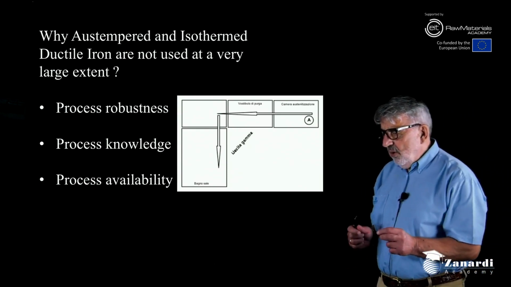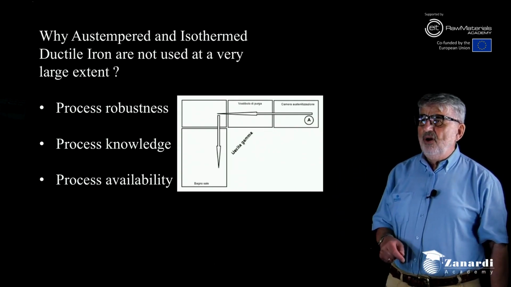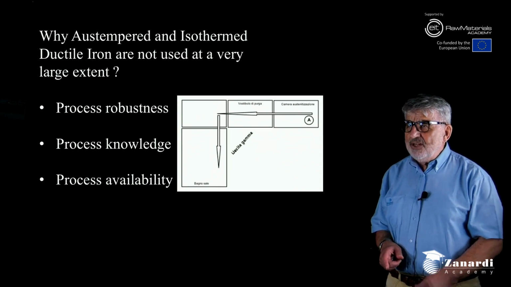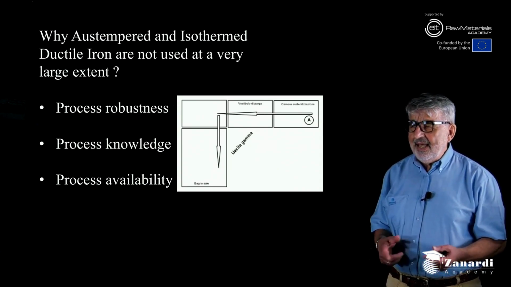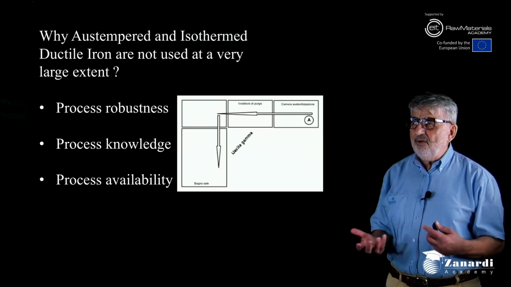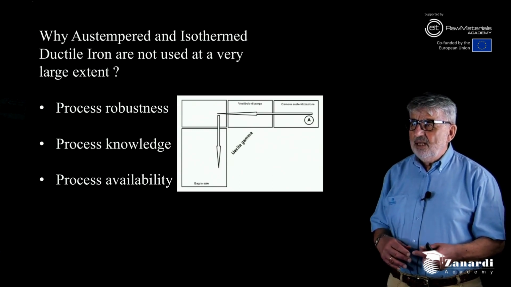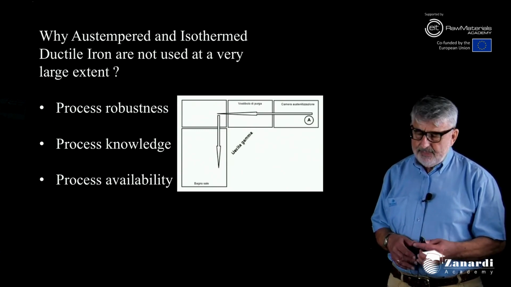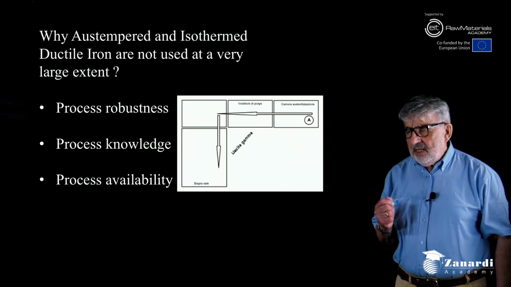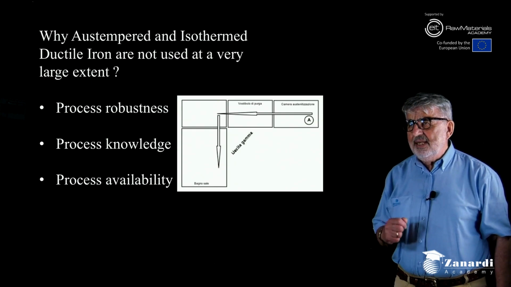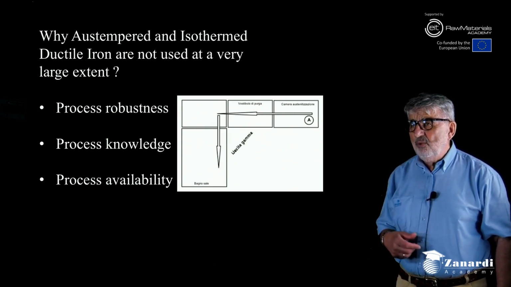And when we quench into the salt bath, we need the salt bath volume to be much larger than the casting weight. A typical ratio between the salt weight and the casting weight is 25:1. And the salt needs also to be agitated, possibly with water addition.